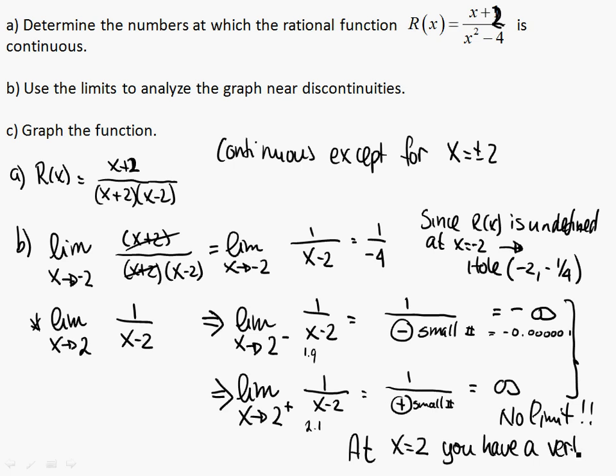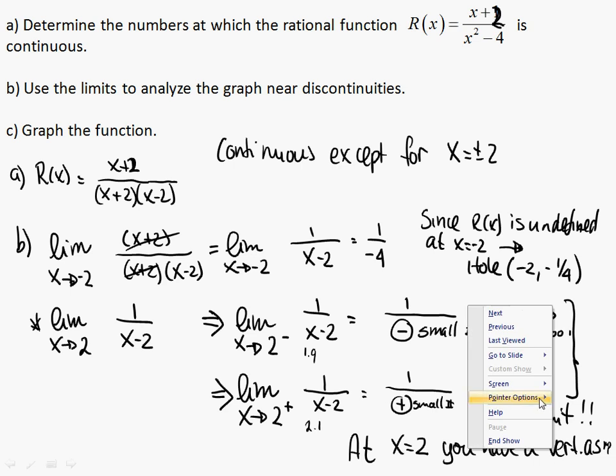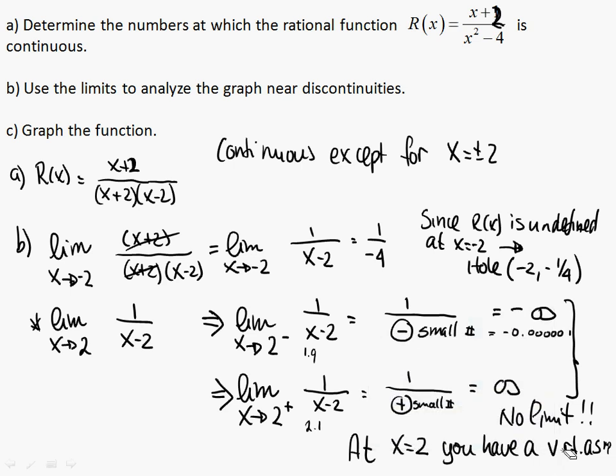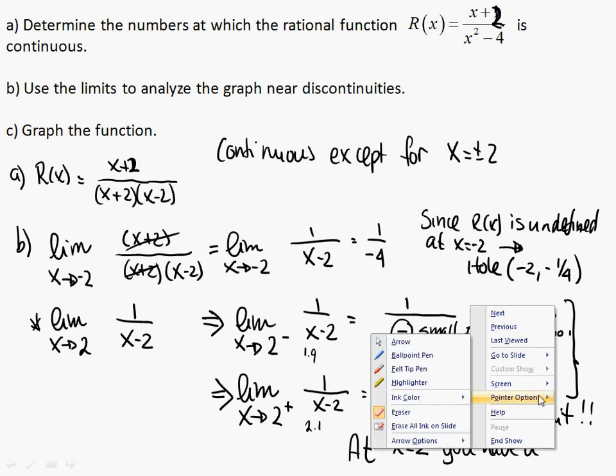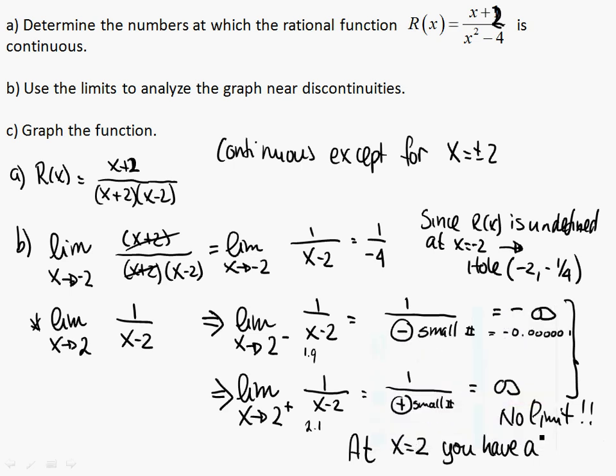You have a vertical asymptote, because on one side it goes to negative infinity and on the other side it goes to positive infinity. You have a vertical asymptote. Which means that I'm ready to graph this function.